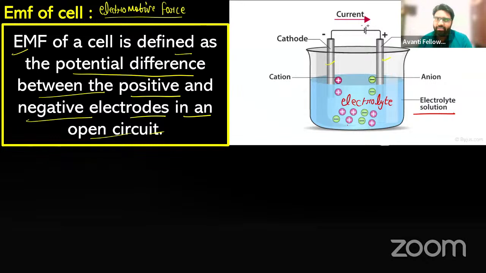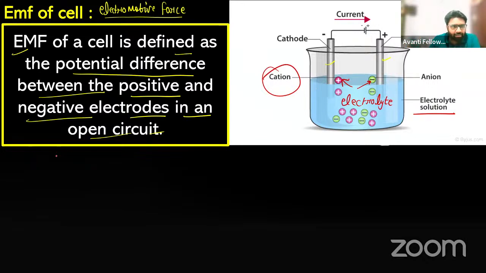The difference between a conductor and an electrolyte is only one: in a conductor only the free electrons flow, but in an electrolyte both positive and negative ions participate in the flow of charge. So this negative plate attracts the positive charges and this positive plate attracts the negative charges. Negative charges are called anions, positive charges are called cations.